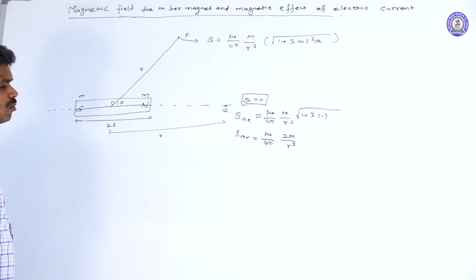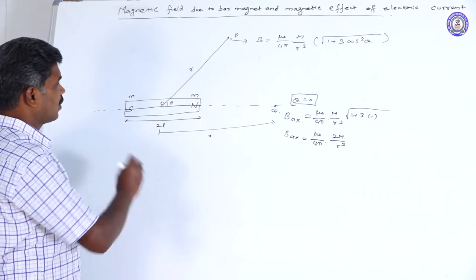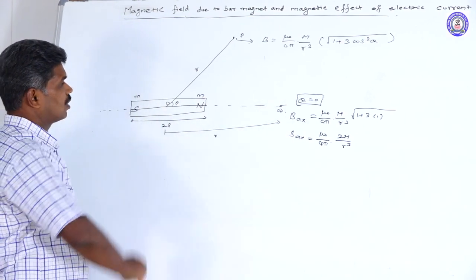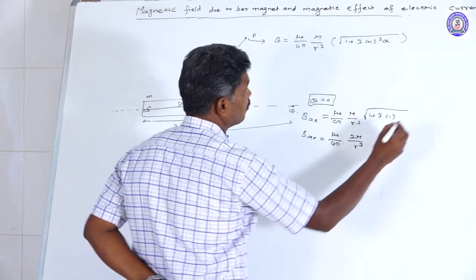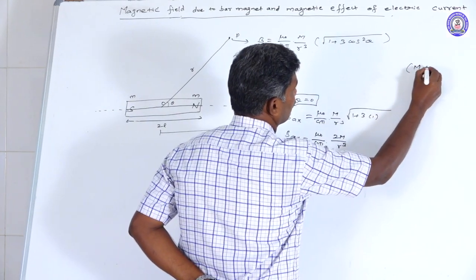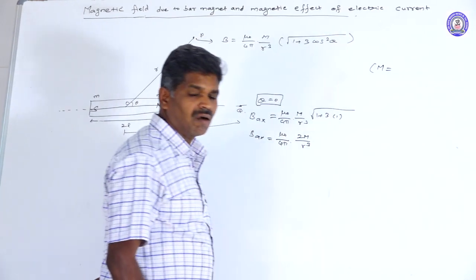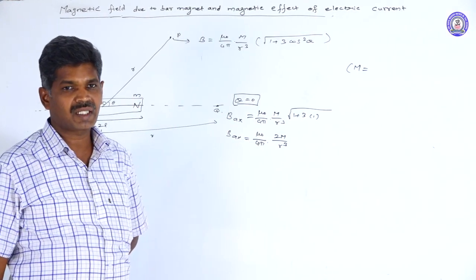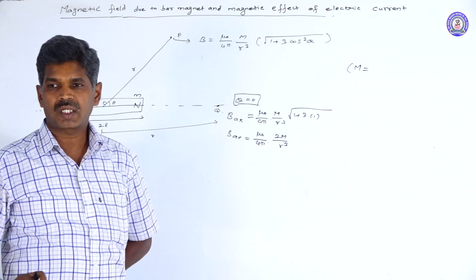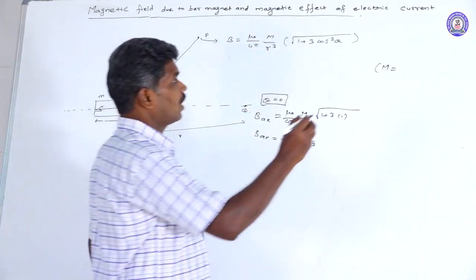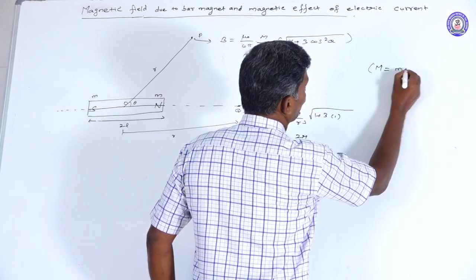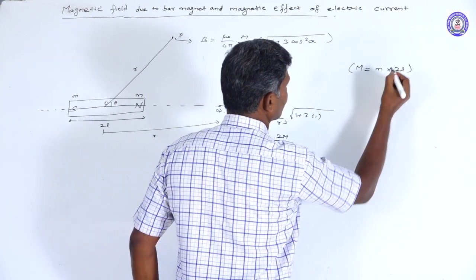If we want to find the direction, the magnetic field acts along the direction of the magnetic moment. That symbol is capital M. The magnetic moment of a bar magnet can be taken as the product of the pole strength of our bar magnet and its length. Capital M is equal to small m into 2L.